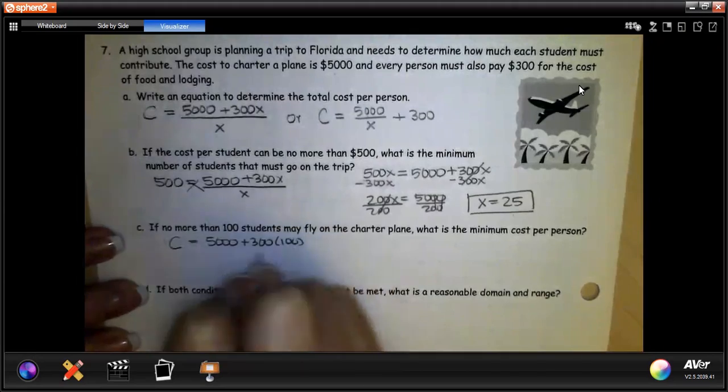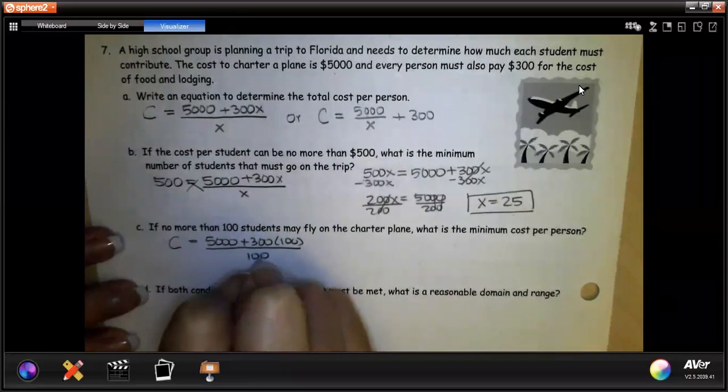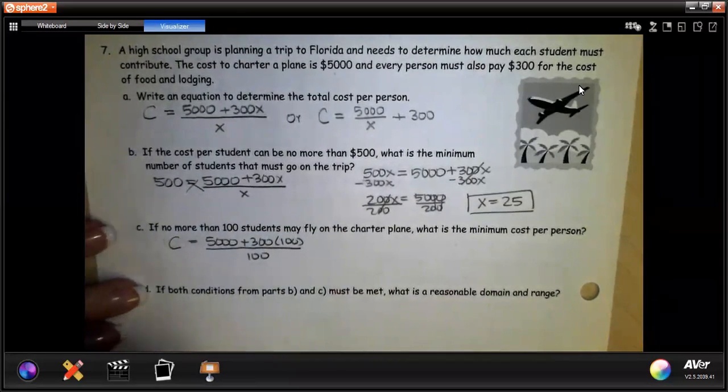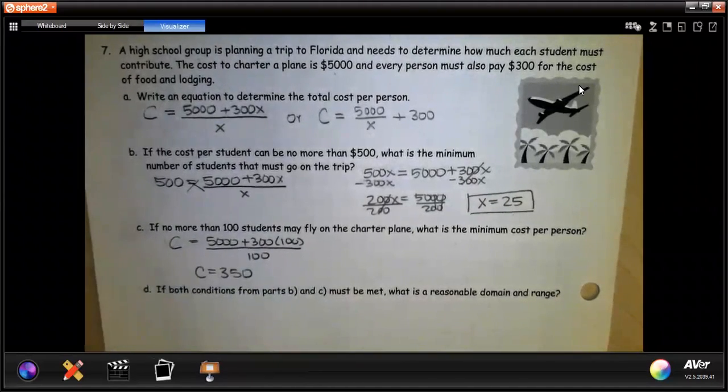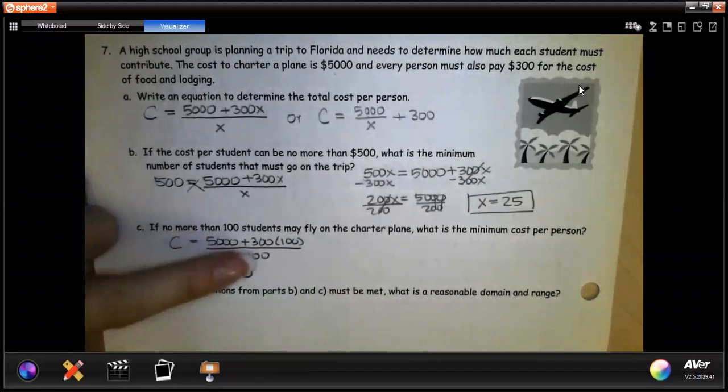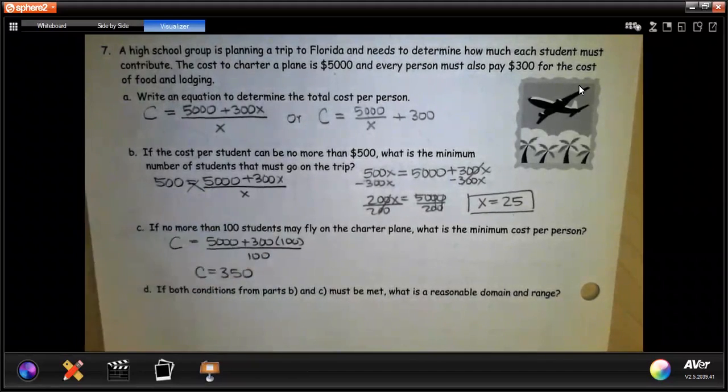So we're going to plug in our 100 for our kids here. And then we put that in and we get C is equal to 350. So that's the smallest amount that the students could pay if all 100 students went. Because the more students, the less they're going to pay.